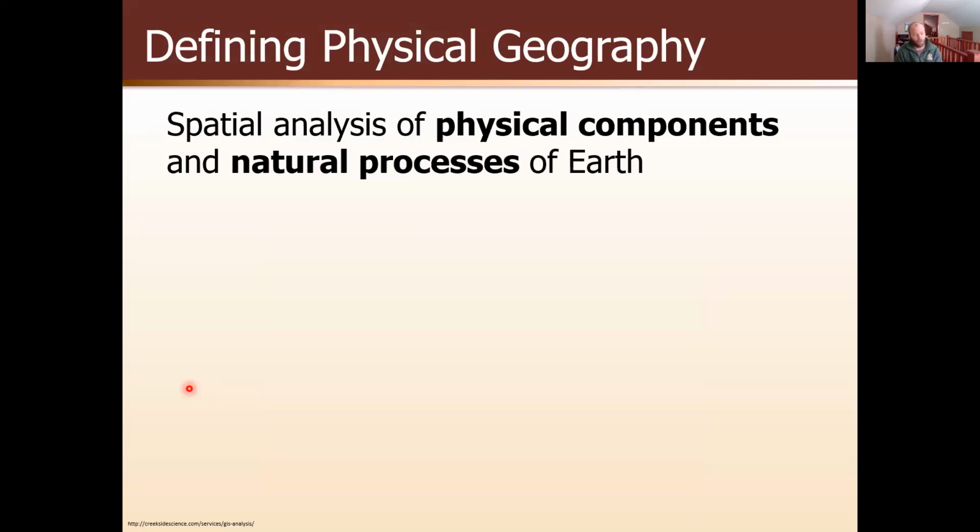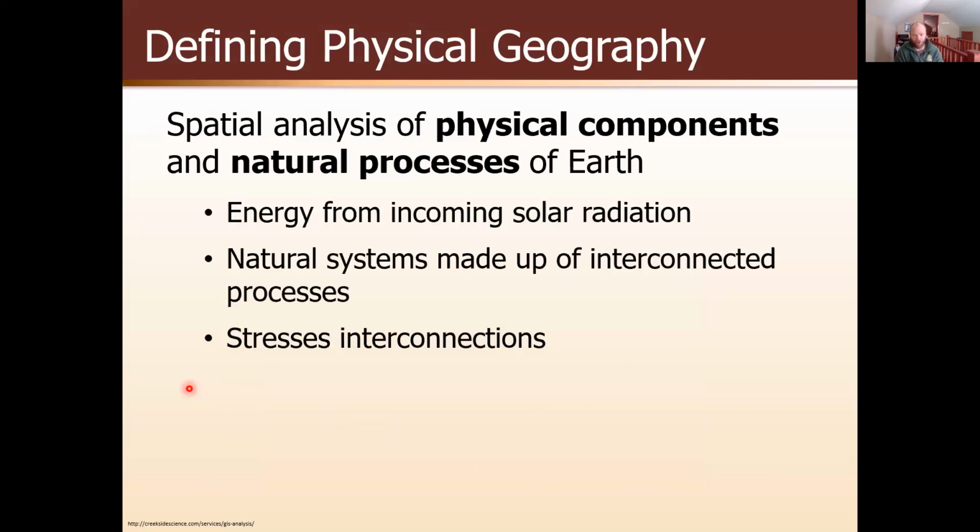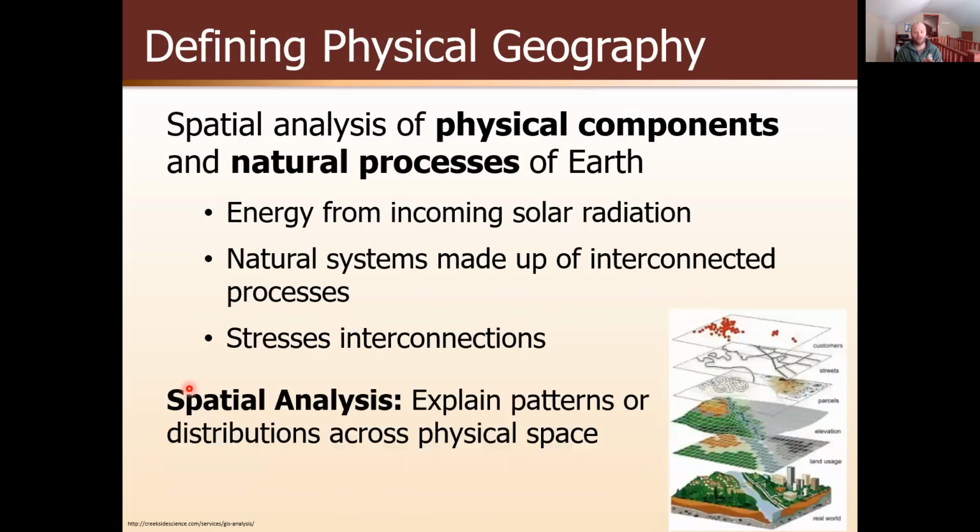We will be exploring all of these aspects in much greater detail, including physical components such as incoming energy from the sun, energy dynamics, physical processes on Earth, and then how those physical conditions and processes affect natural biological systems.